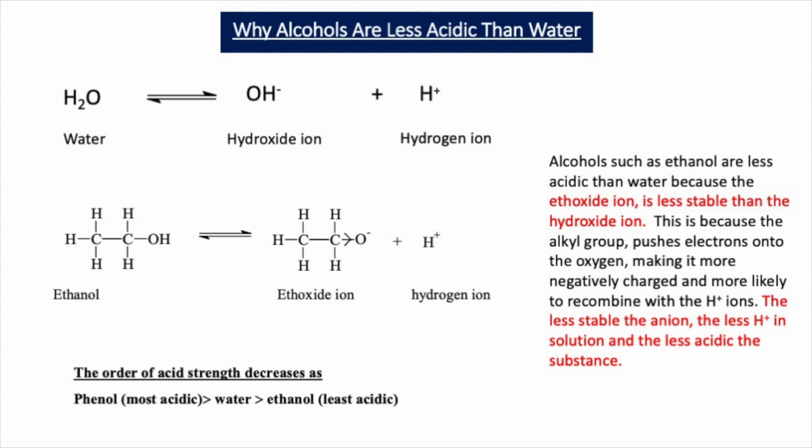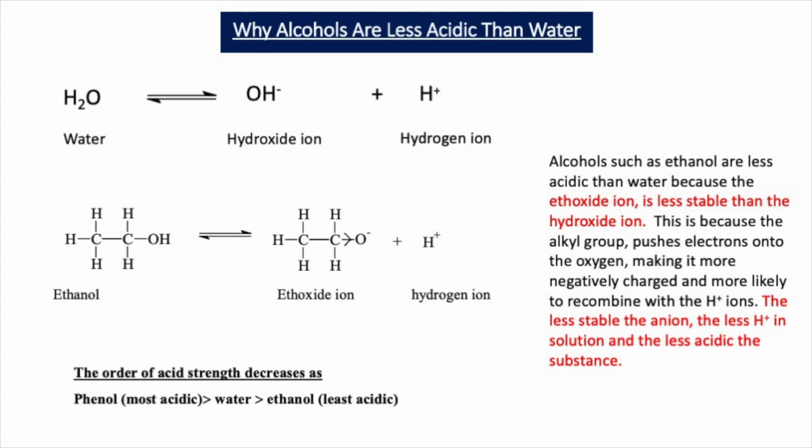So the ethoxide ion is less stable than the hydroxide ion because in the ethoxide ion the charge is on the oxygen because the alkyl group is pushing electrons onto the oxygen, and therefore if the ion is less stable, there are less H plus ions in solution because the H plus ions are more likely to attack it, and therefore if there's less H plus ions in solution, it's less acidic.